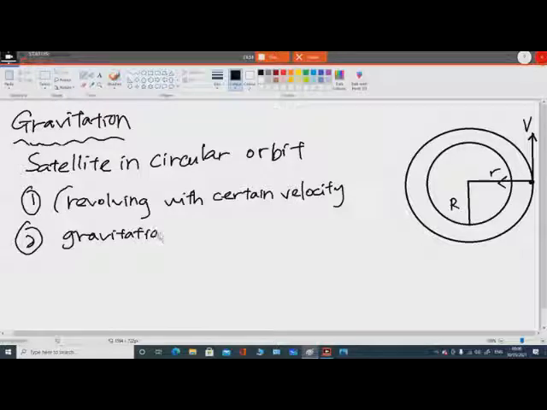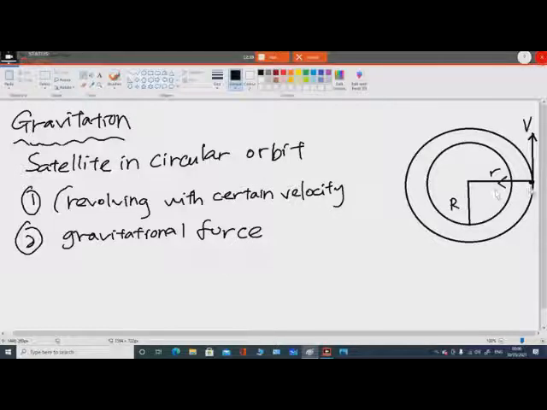Gravitational force. Okay, so as the gravitational force acting on the satellite, suppose the satellite is moving down to the center of the Earth, which means that the satellite is about to fall and drop into the atmosphere of the Earth.